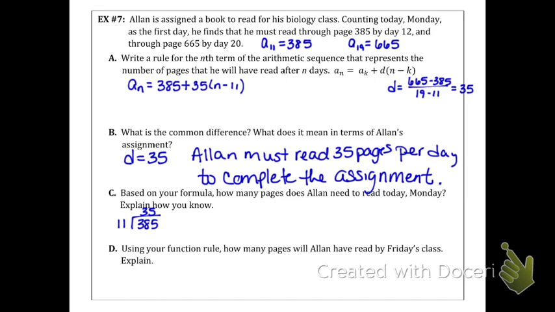So since he needs to read 385 pages by day 11, he should read 35 pages today.